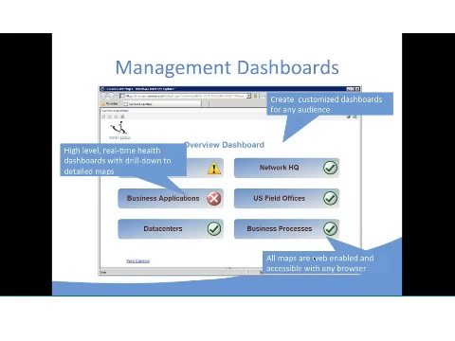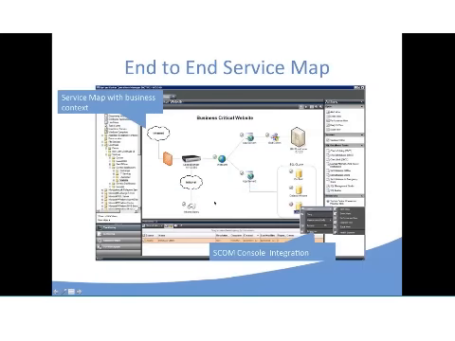And each map shows the status of the business services and views that are important to you. In this case, we're seeing an alert under business applications. By simply clicking, we can dig a little bit deeper, and we're presented with an end-to-end service map. The first thing you'll notice is that Live Maps provides more than a list of obscure server names.